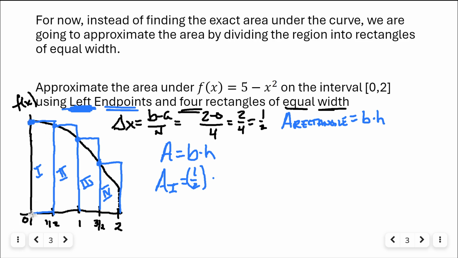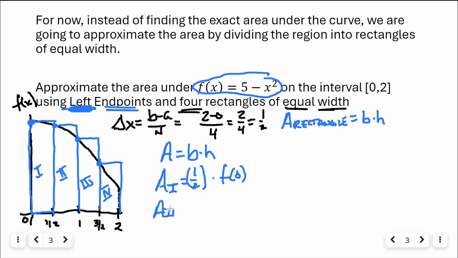Or the height is just f of 0, because this point is on the curve. That's why when we're drawing the rectangles, we're making sure that one point is on the curve, because we can calculate that point because we know f of x is 5 minus x squared. So my first rectangle is going to have a base of a half, and its height is going to be calculated by finding f of 0, because that's how far it'll be from the bottom up to there.